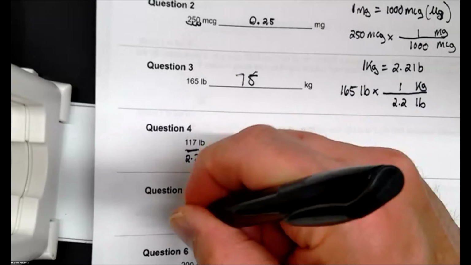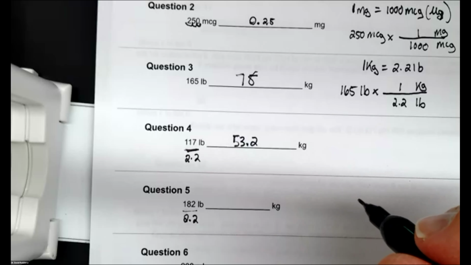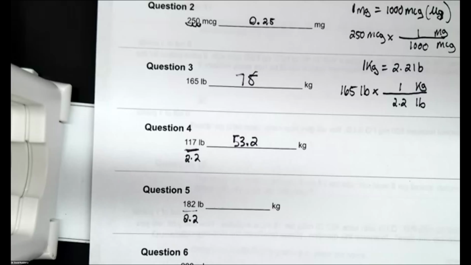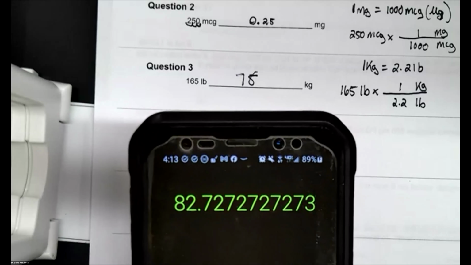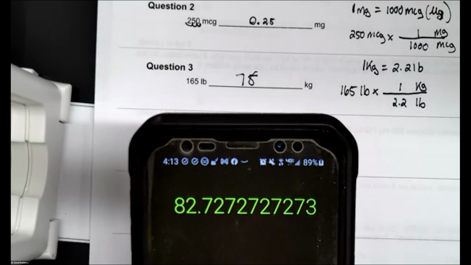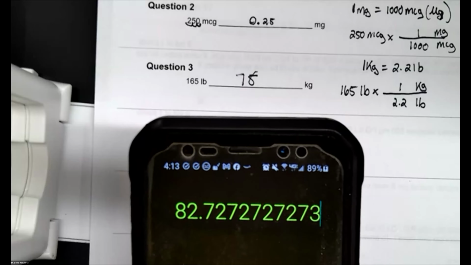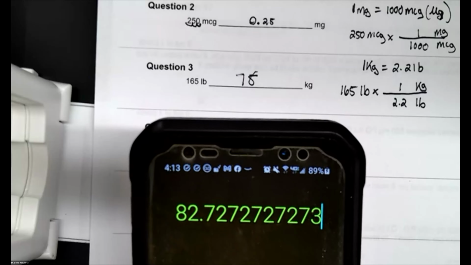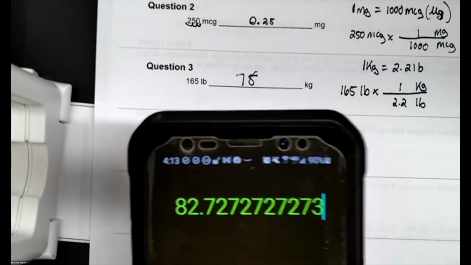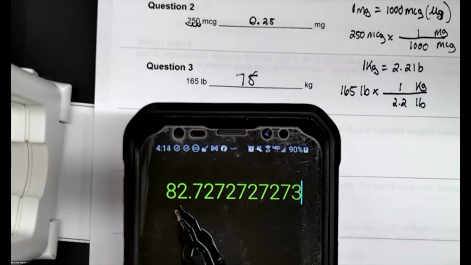Same thing with this. Again, we're just going to divide by 2.2. 182 divided by 2.2. So notice that we have 82.727272. I see your comment, Nelly. Hopefully I'm going to answer your comment now.